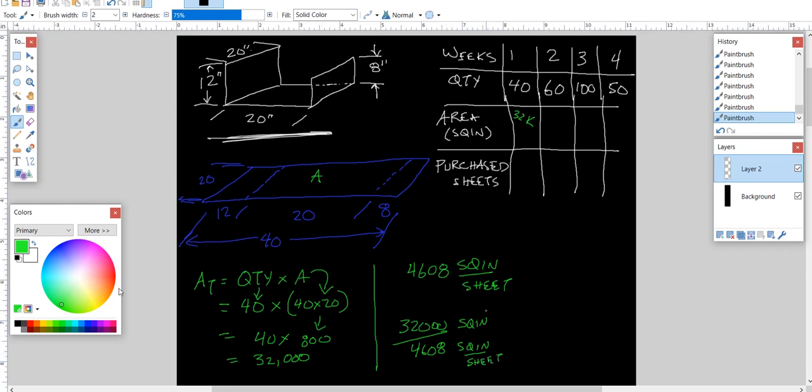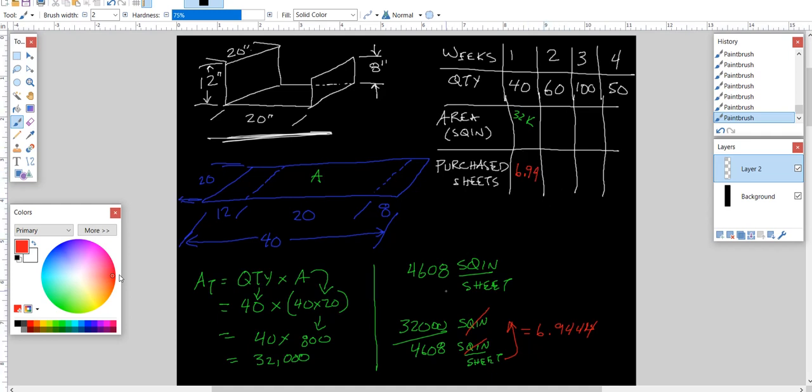The square inches cancel. And then the sheets go on top. So 32,000 divided by 4608 is equal to 6.9444. Okay, so in this one I get 6.94.